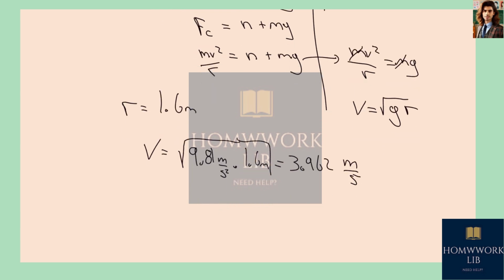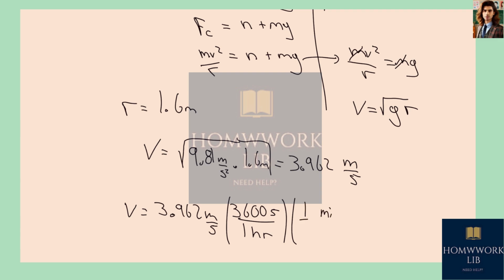We need to convert this into miles per hour, and in order to do this, we're going to employ different conversion factors. We have 3.962 meters per second. We need to convert seconds to hours. We know that we have 3,600 seconds in 1 hour, and that in 1 mile, we have 1,609.34 meters.